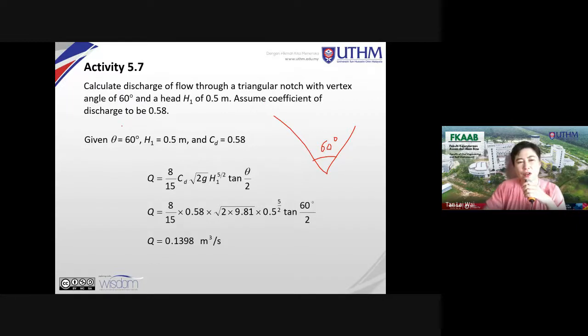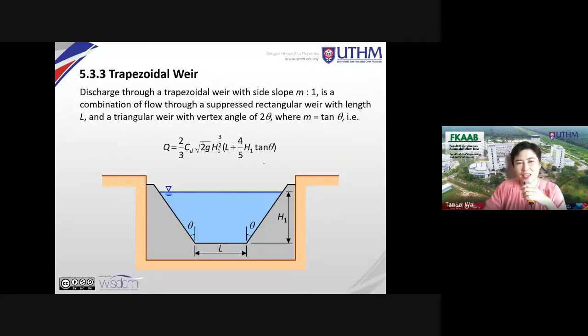Assume the coefficient of discharge is 0.58. Again, you substitute all the known values and you can find your Q. As simple as that. Then I'm going to go to the trapezoidal weir.